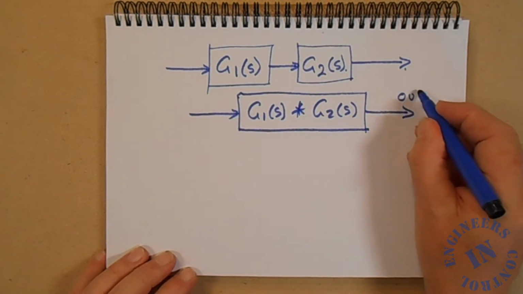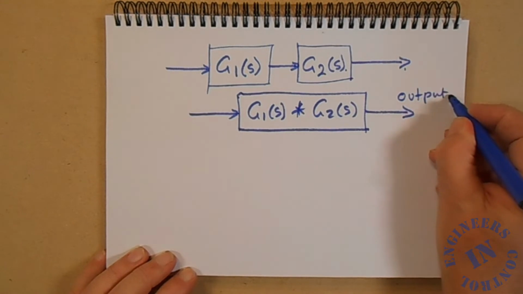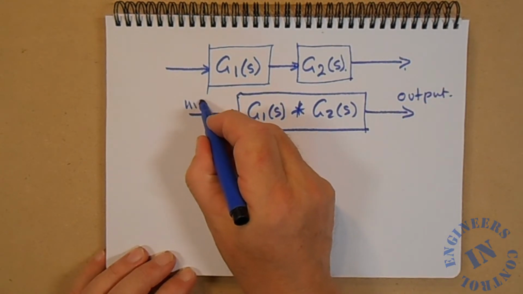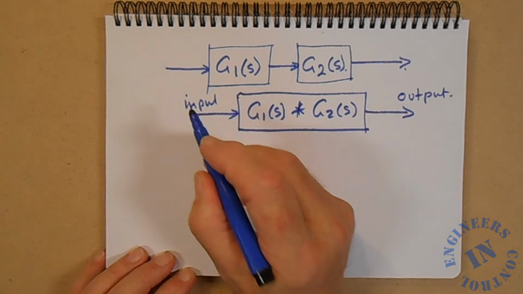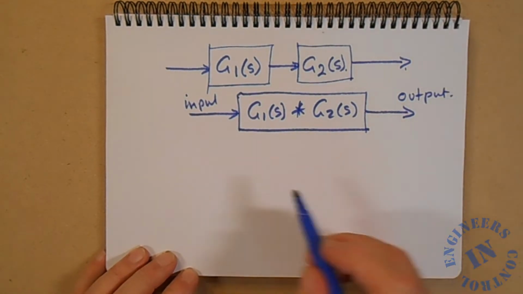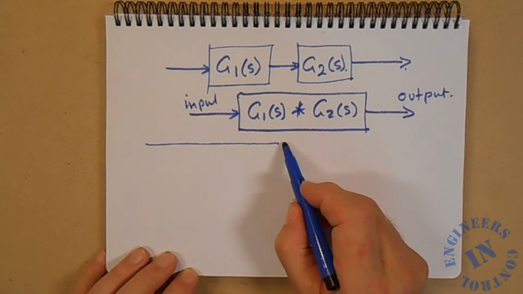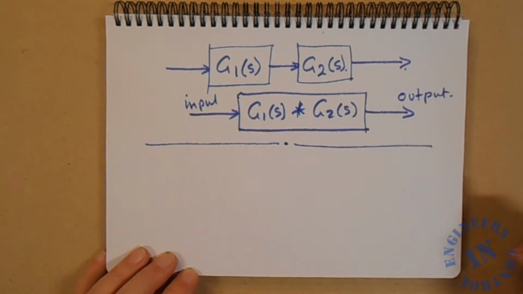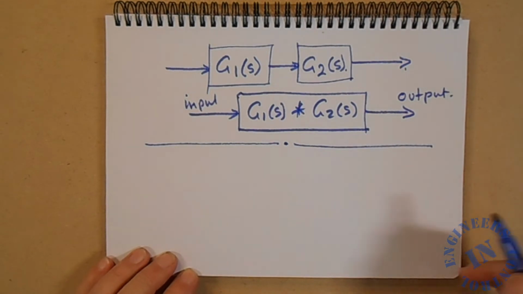Here's our output, and here's our input. Okay, that's two transfer function blocks in series. Let's try a real example now.